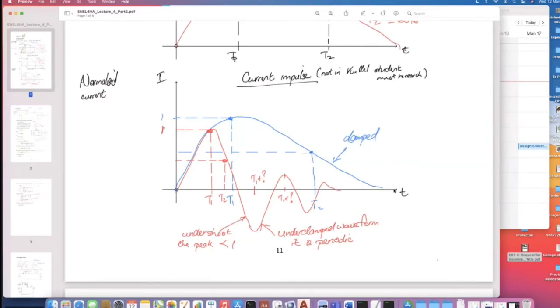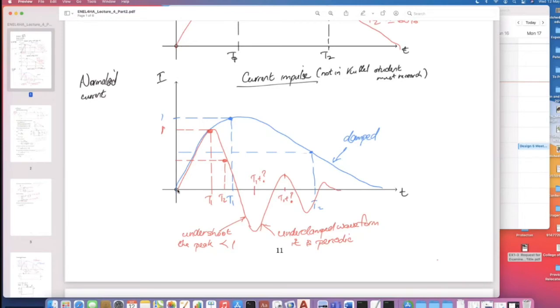That looks similar to the voltage waveforms. That's what we refer to as a damped waveform. Again, we'll look at that in the video note as well. We again define a T1 and a T2. They have similar definitions of the peak and the tail time to 50%.